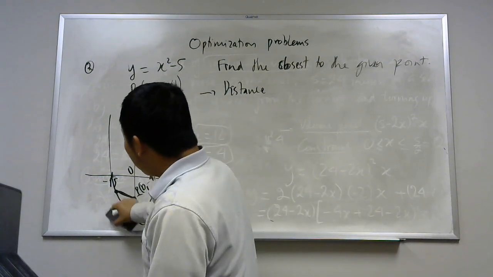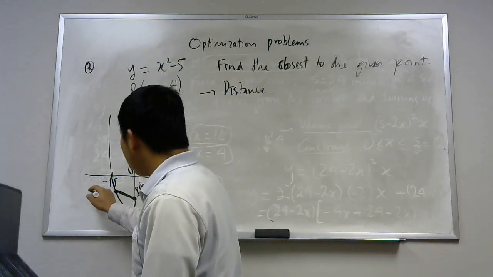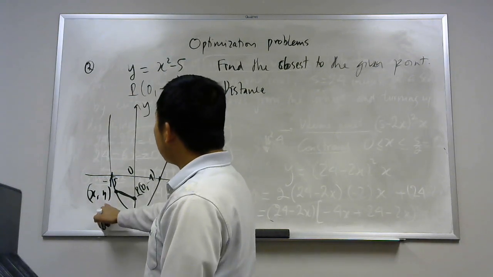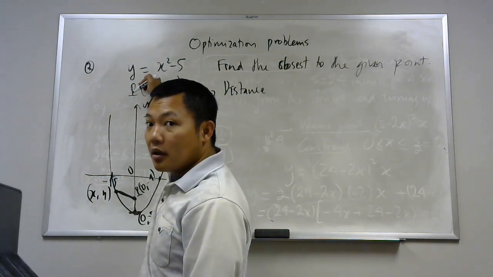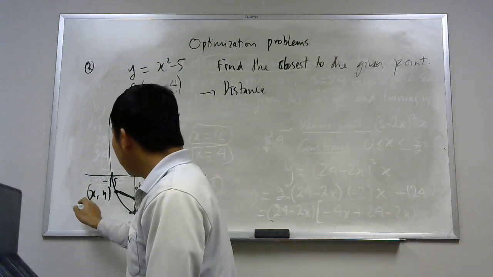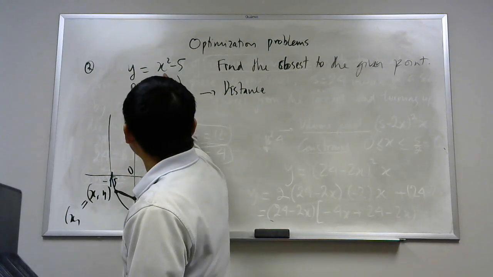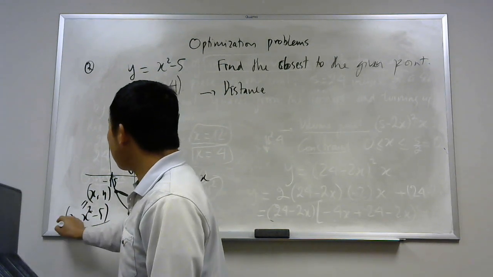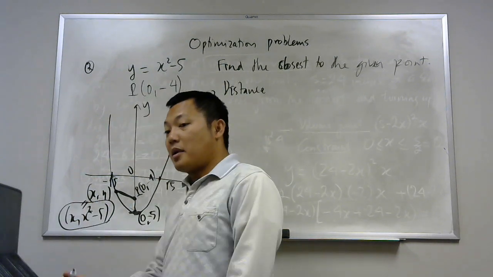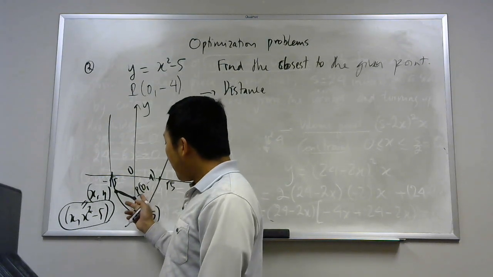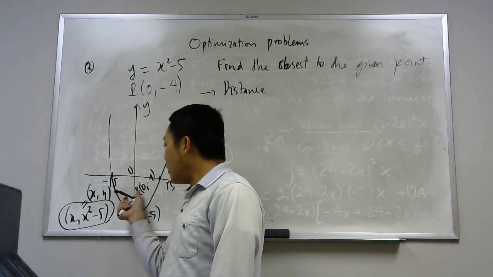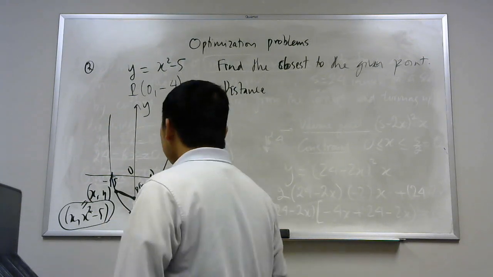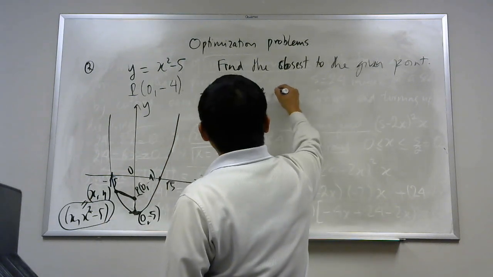Secondly, if you pick any point from the parabola, suppose that is x and y, right? So x and y should satisfy the equation of the parabola. That means this is the point x and then x squared minus 5. So this is the second observation, okay? So basically, we have to calculate the distance between this point and this point, and we minimize that. So here's the distance.